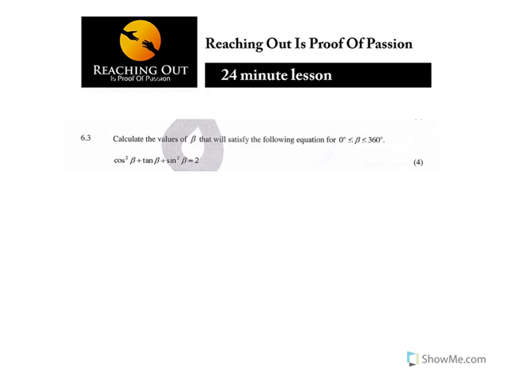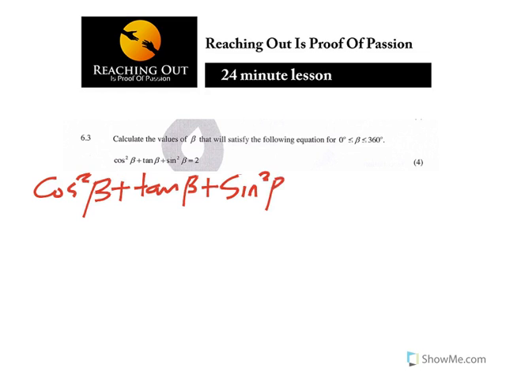Now we are moving on to 6.3. 6.3 says calculate the values of beta that will satisfy the following equation, for 0 less than or equal to beta, and beta less than or equal to 360. The question says tan beta plus cos squared beta plus sine squared beta is equal to 2.